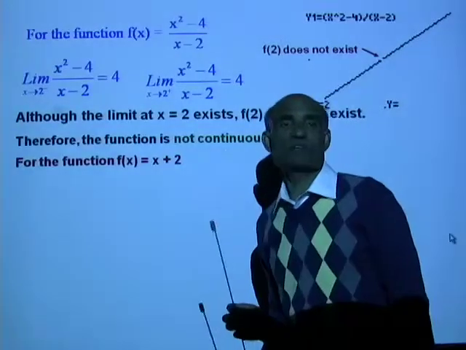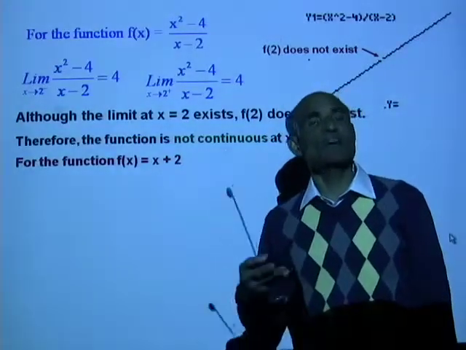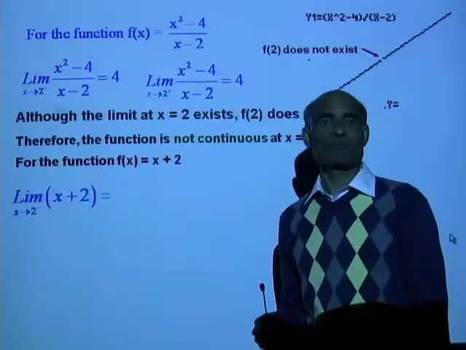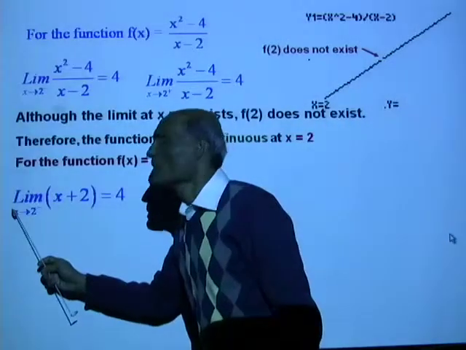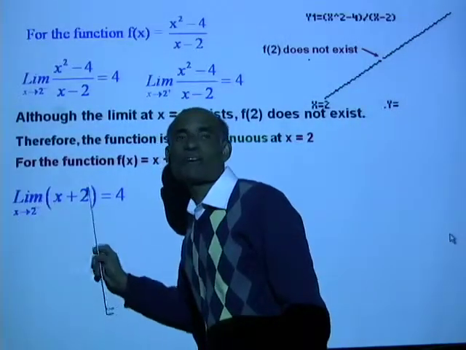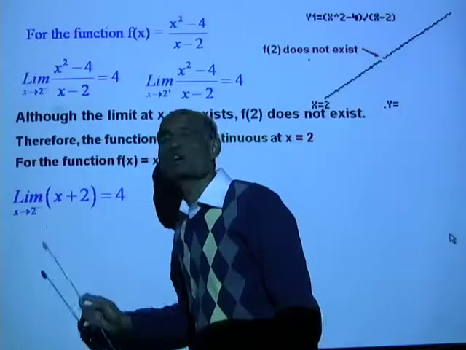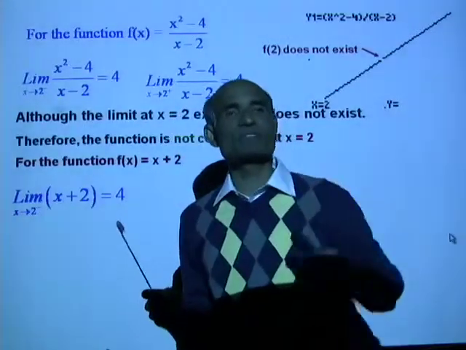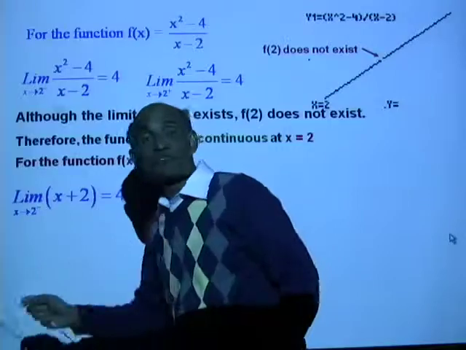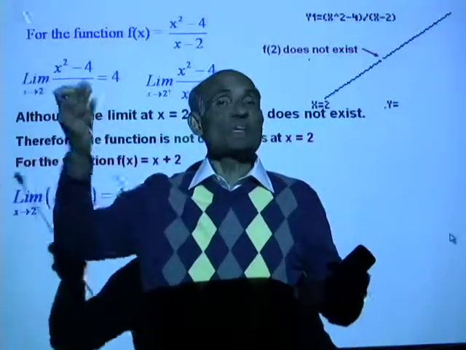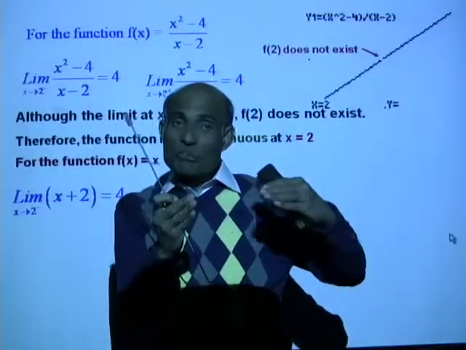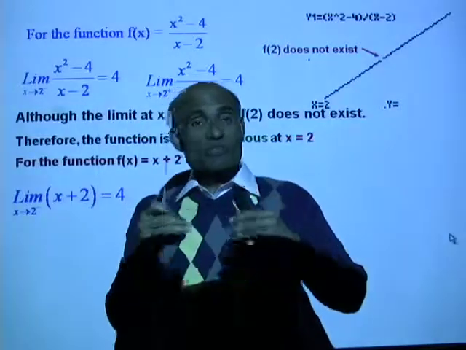Now, look at the function f of x equal to x plus 2. Now, what is the limiting value of x plus 2 as x gets closer and closer to 2 from the left? You can see x plus 2 is a continuous function. So it doesn't matter whether x is approaching from the left or approaching from the right.